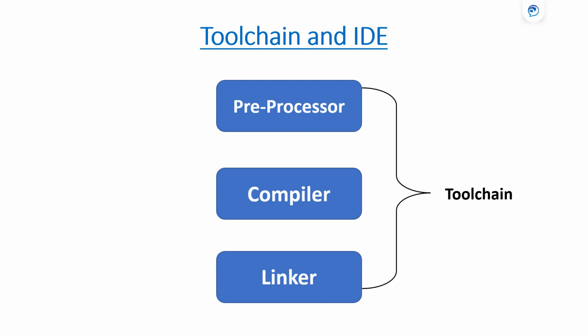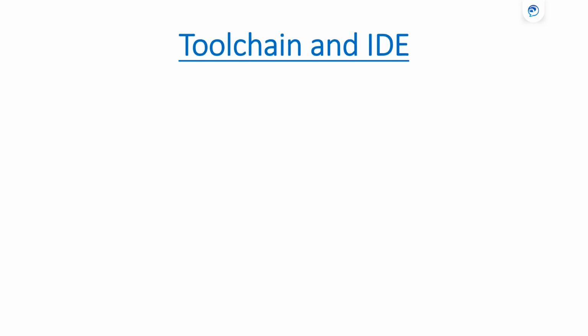The preprocessor will give its output to the compiler as input. The compiler will give its output to the linker as input. Finally, the linker will generate the exe file. This toolchain will help us translate our human readable programming language to machine language.